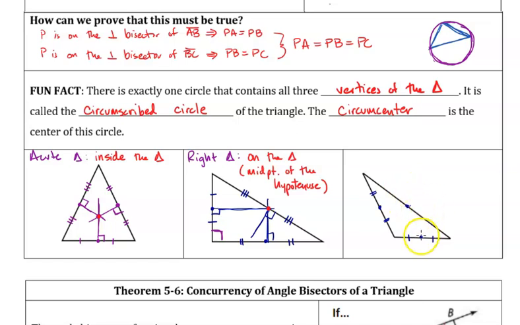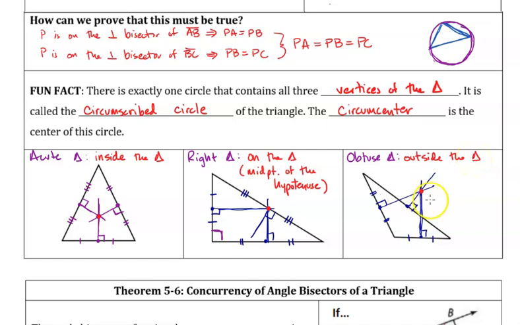Okay, now if I start drawing these perpendicular bisectors, like that, maybe like that, and then like that, you can see that the place where they intersect is actually outside the triangle. So in an obtuse triangle, our circumcenter will be outside the triangle.